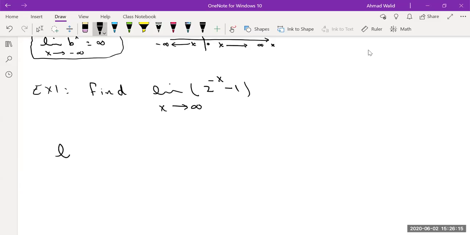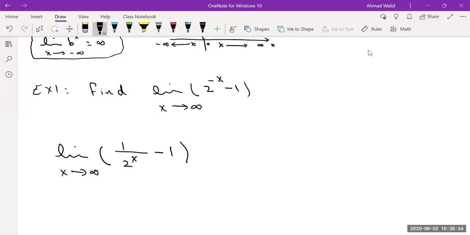Then I can write the limit of, instead of 2 to the power of negative x, 1 over 2 to the power of x, minus 1 as x approaching infinity.